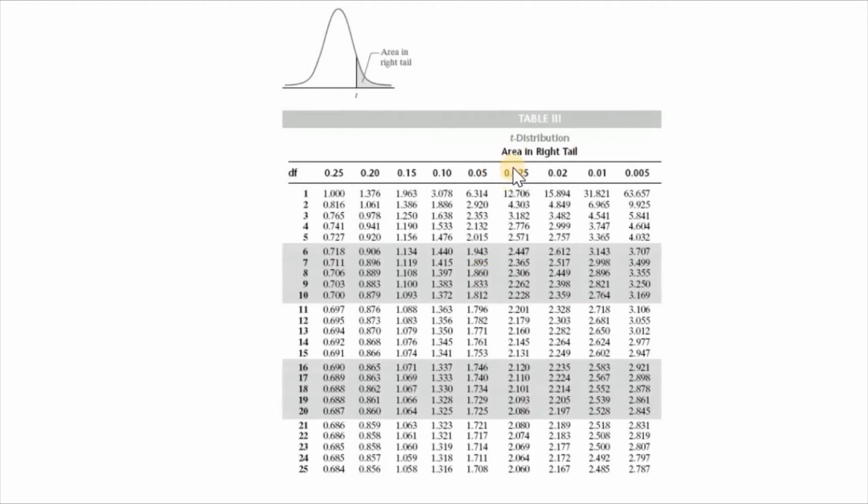And look at the row of degrees of freedom, which is n minus 1, which is 16 here. So we'll be looking at the row of 16 and the column of 0.025. That gives us 2.120, this number here.